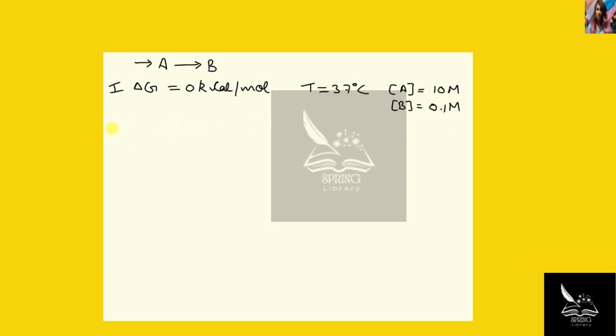Now the second conditions are that the concentration of A is 0.01 molar and the concentration of B is 1 molar. So now we need to calculate the free energy of the reaction when the concentration is different.